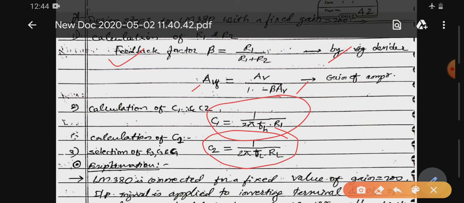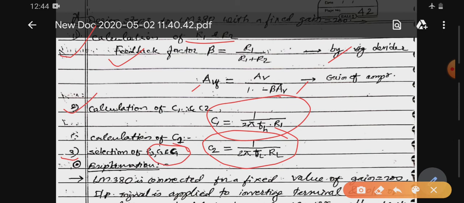Okay, so the first step will always be what is given, second will be calculation of R1 and R2, third will be calculation of C1 and C2, and fourth will be selection of C3, R3 and C4, which already have fixed values as I told you, and the last one will be the circuit diagram.